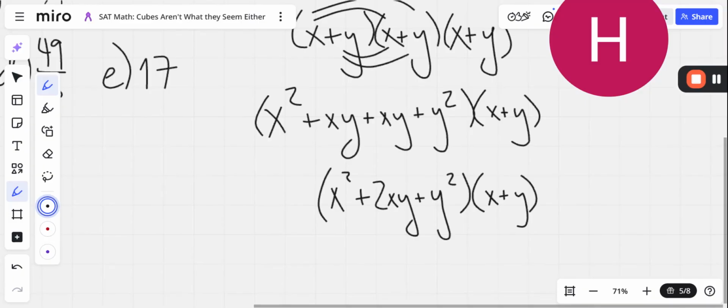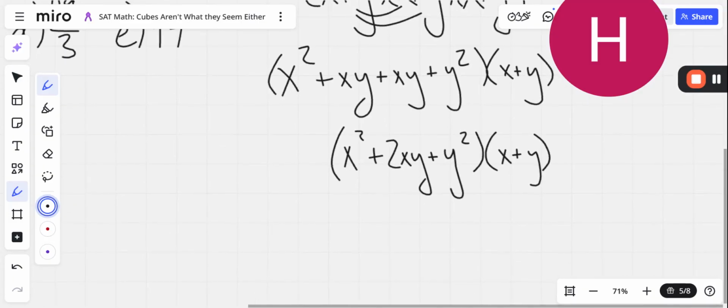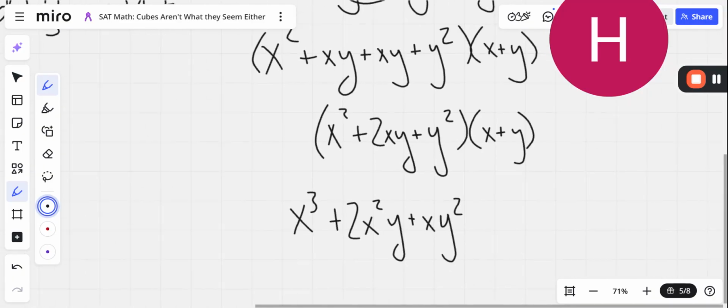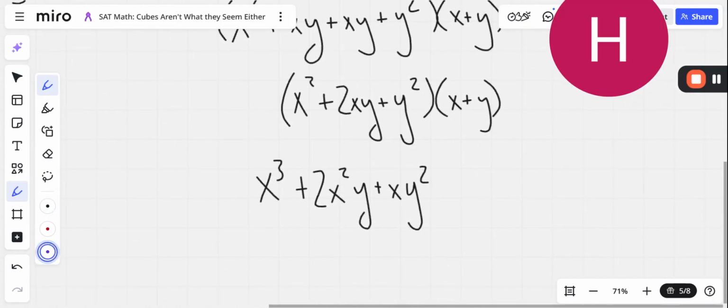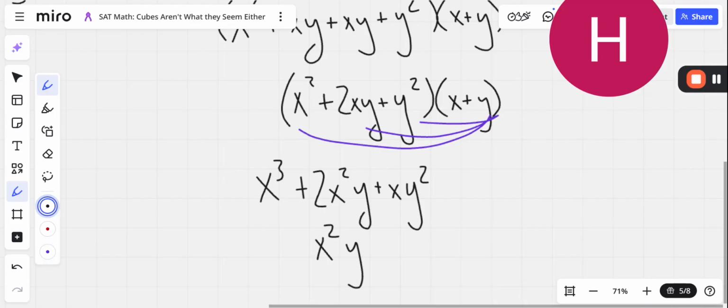And then we have to do another round of distribution here. So we'll end up with x cubed plus 2x squared y plus x times y squared. And then I'm going to distribute the y from the second parentheses. But what I'm going to do is cleverly shift where I write these things, and line them up nicely with this here. 2xy squared plus y cubed.